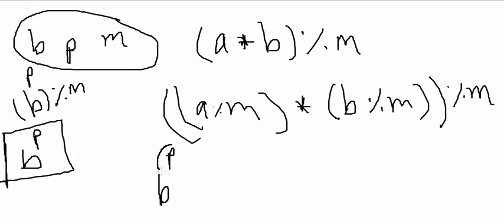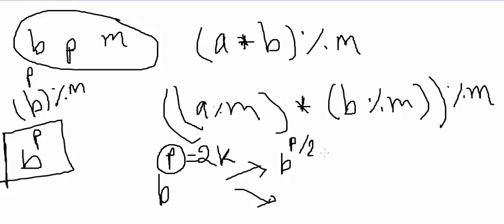If P is even, that is, if P can be represented by 2k, where k is any integer whose double is P, then B to the power P can be divided into two halves: B to the power P by 2, and another part, B to the power P by 2. If we multiply this B to the power P by 2 into B to the power P by 2, we will get B to the power P, the original number.